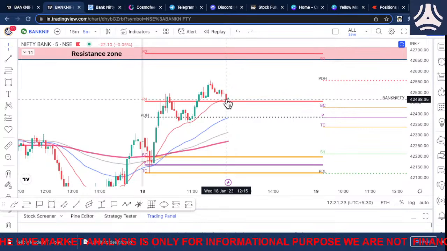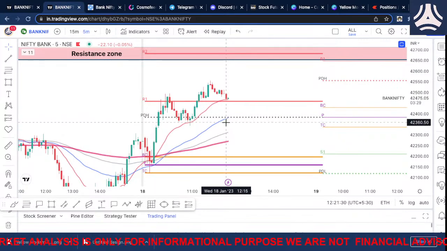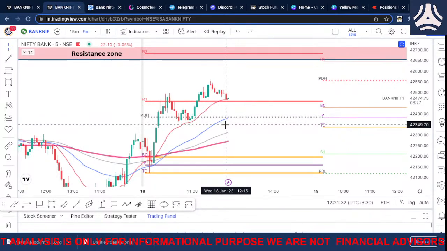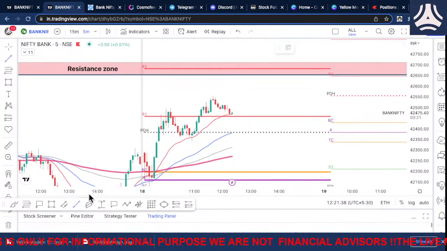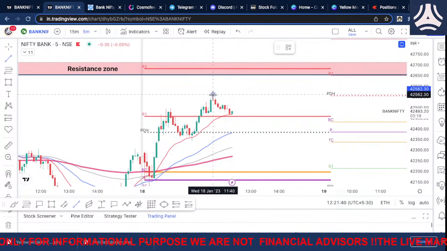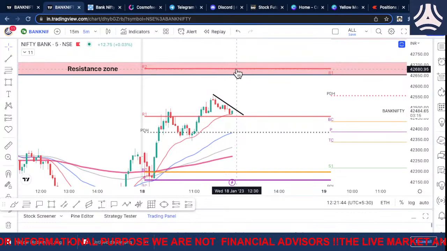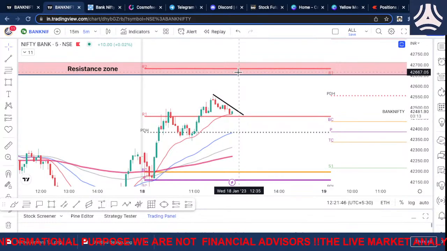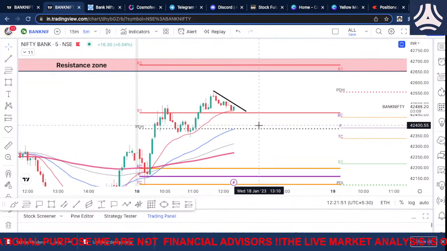If we close below this 20 MA and below R1, we might get some dip on the downside, probably until this level of 42,350. If we break out of this, the up move will probably continue with the target of 42,660. So now we just have to wait and see what happens.